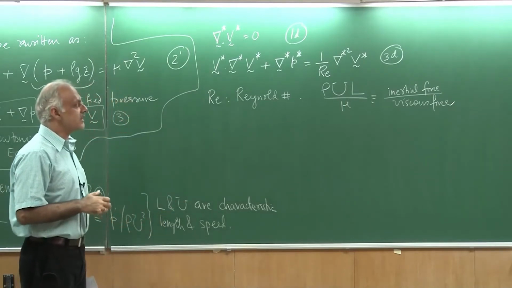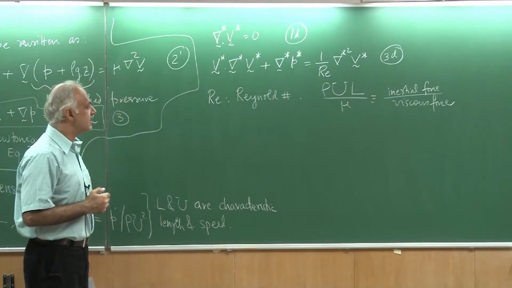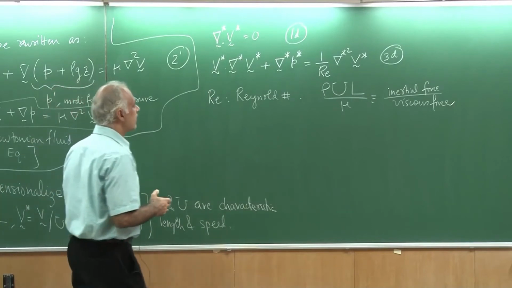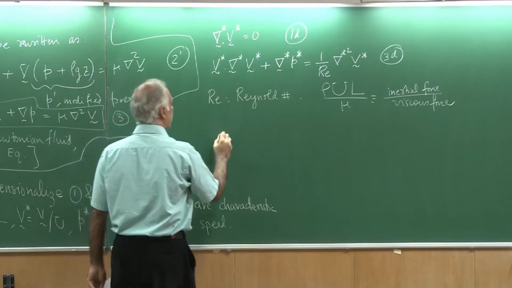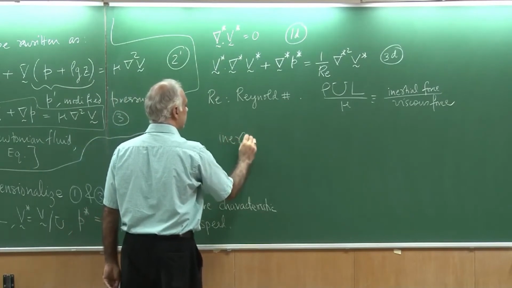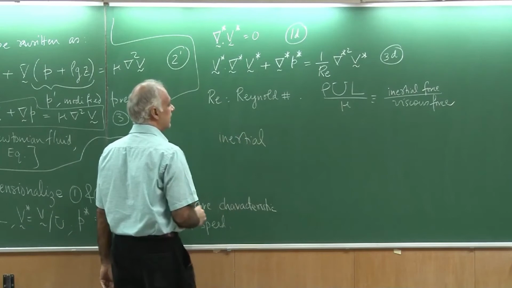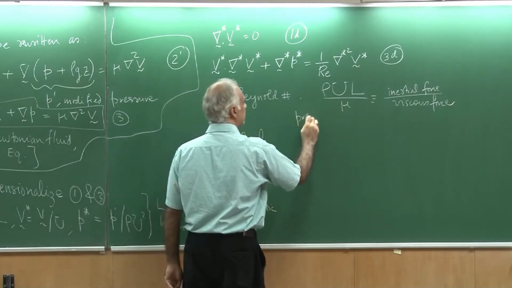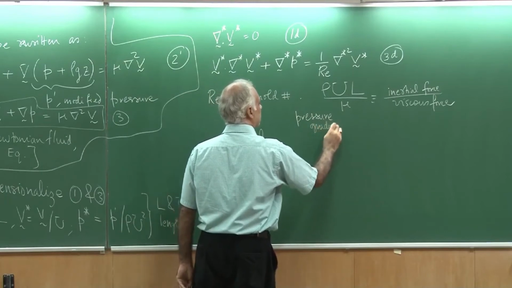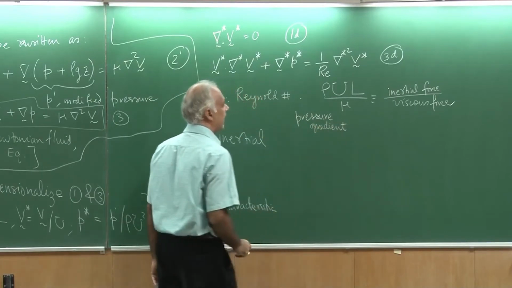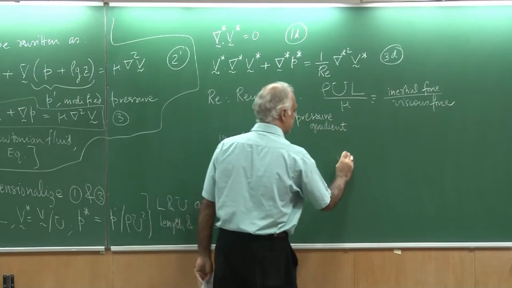Now let's come to equation 3D, which is the force balance equation. As we noted, we are talking about three forces. There is an inertial force, then there is a pressure gradient, so there is a pressure force, and then we have the viscous force.